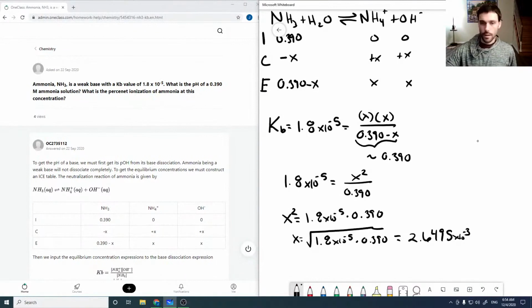Okay, and so what is the pH, and what is the percent ionization?